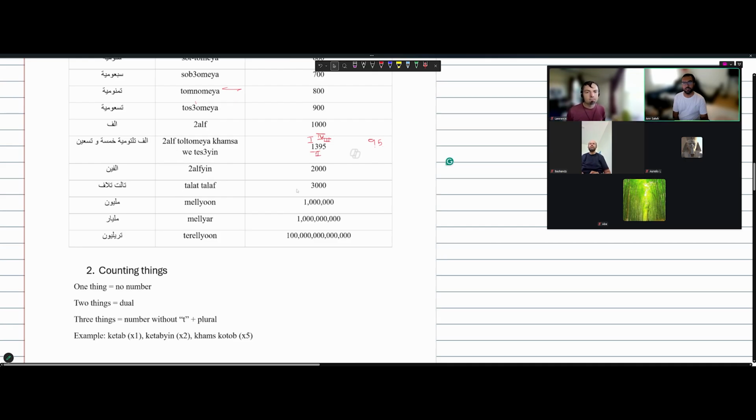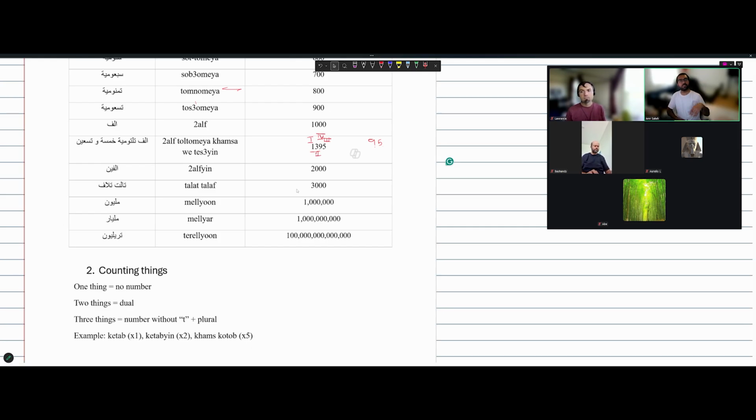If you want to add the 3,000, it would be like 3,000, 4,000, 6,000. You basically just drop the feminine T and then add. Like if I want to say 4,000, we have 4.